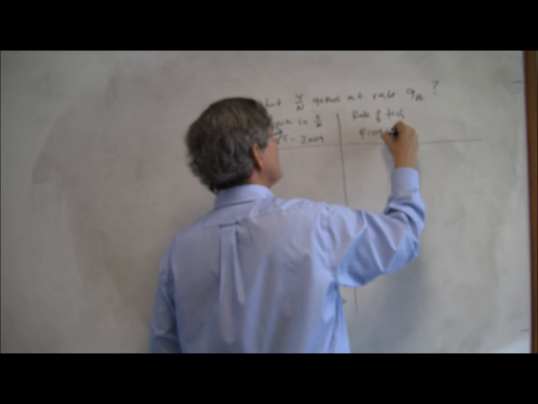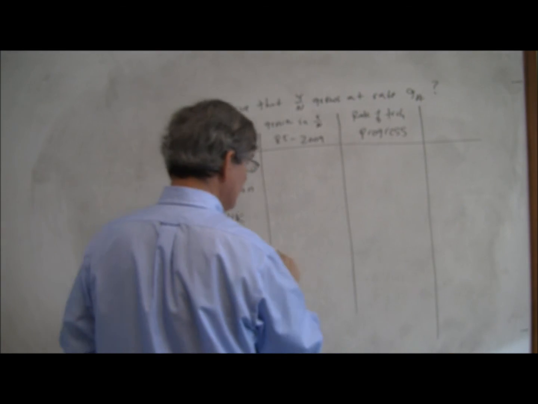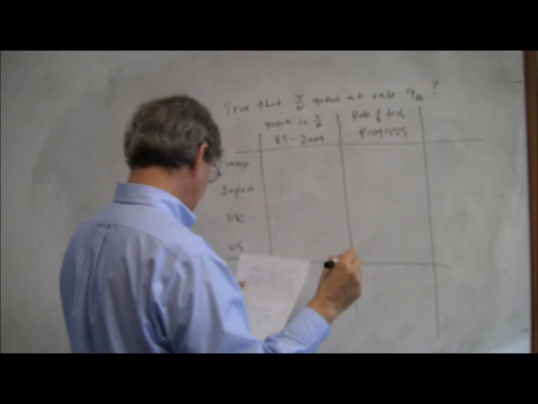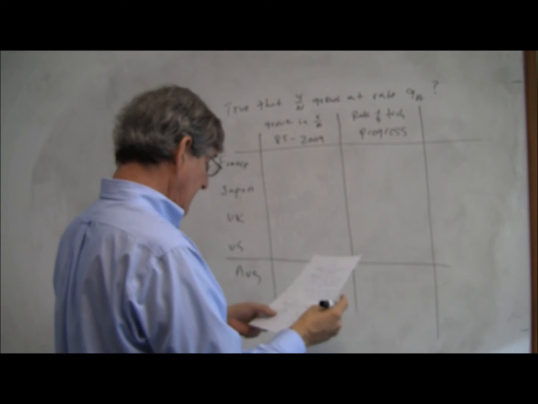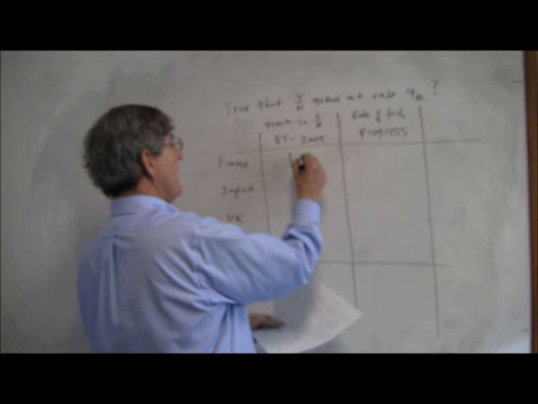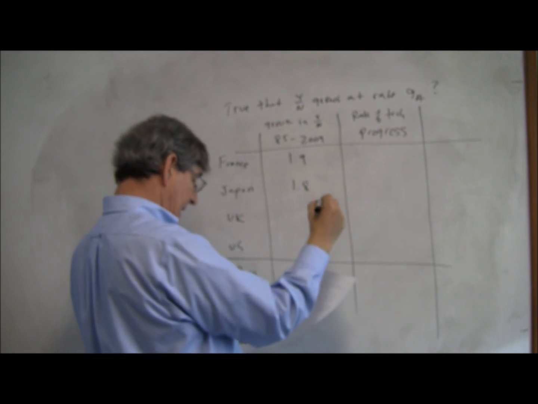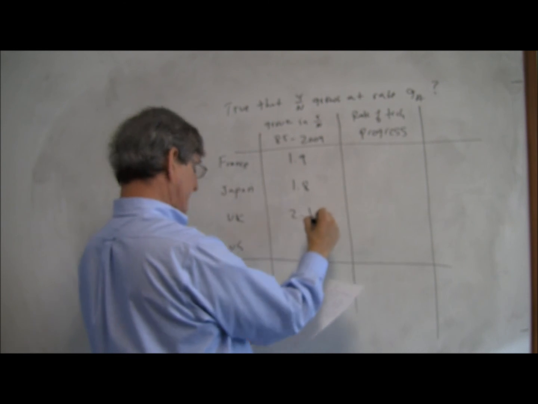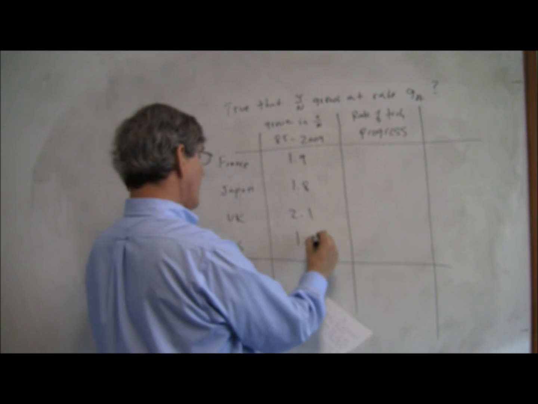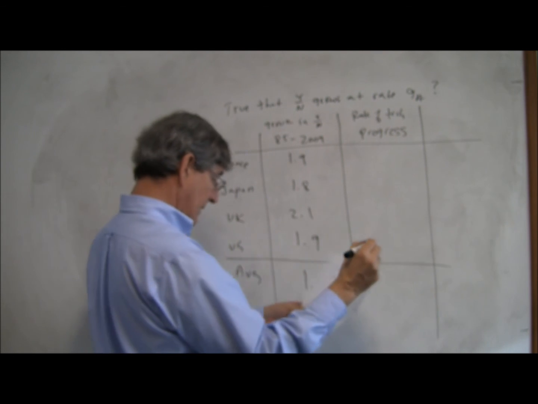That's a hard thing to measure. I'm not sure how confident I am in their numbers, but we'll go with what the book did. So these are annual growth rates: 1.9% for France, 1.8% for Japan, 2.1% for the UK, 1.9% for the US, with an average of 1.9%.